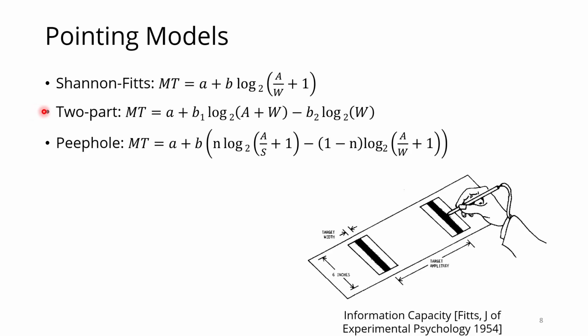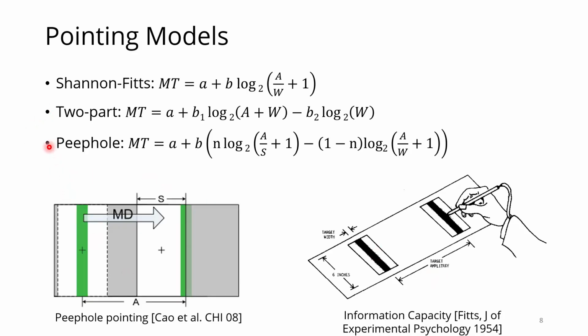It considers the effect of width and amplitude separately, which is proposed by Shoemaker in 2012. The third formula is the peephole formula, and this can be applied to VR devices as it has a limited field of view and it involves two tasks. First is searching for the task and then selecting the target.